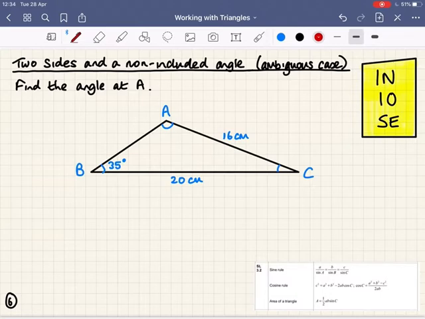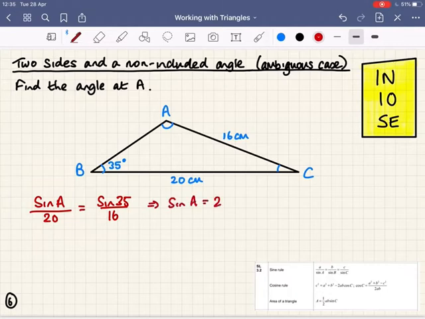Again, I'm going to write down the thing I want to find out. I want to find the angle at A. So I'm going to write sine A over the side A, which is 20, equals sine of B, which is sine 35, divided by its corresponding side, which is 16. No problem. I'm just going to rearrange that. Sine A equals 20 sine 35 over 16.